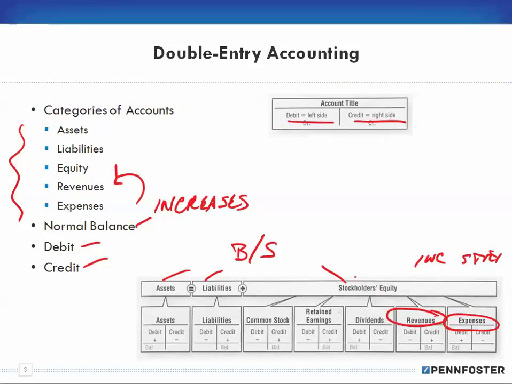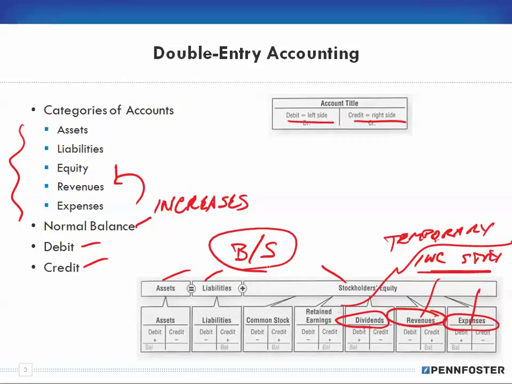The reason we have an expanded accounting equation is because the income statement accounts, revenues and expenses, and also the dividend account, which is still under equity, are temporary accounts, meaning they get closed out at the end of every accounting period, whereas all of your balance sheet accounts are as of a specific date. They never get closed. They're permanent accounts.